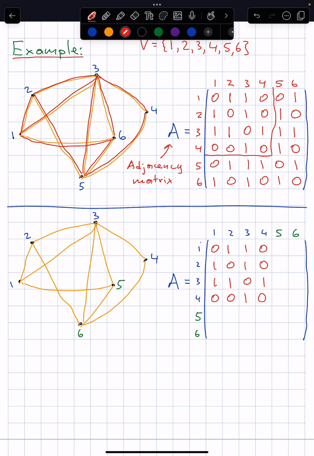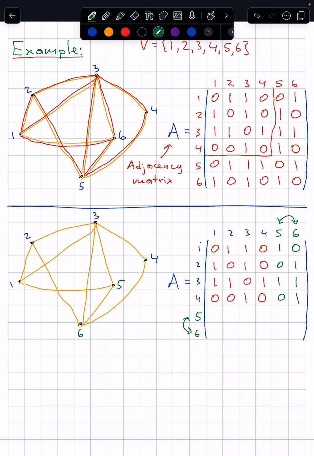But now what happened with the last 2 columns and last 2 rows is that they switched. So what does it mean? That means that columns 5 and 6 switched. So we got 1, 0, 1, 0 here and 0, 1, 1, 1. That's how these vertices 5 and 6 are connected to the first four vertices.